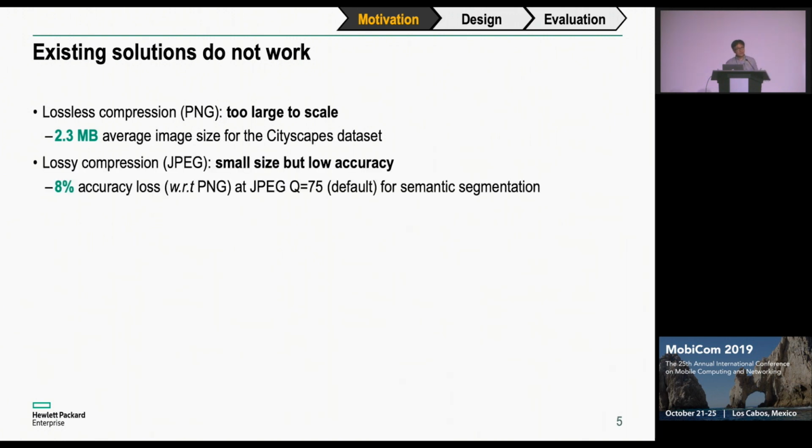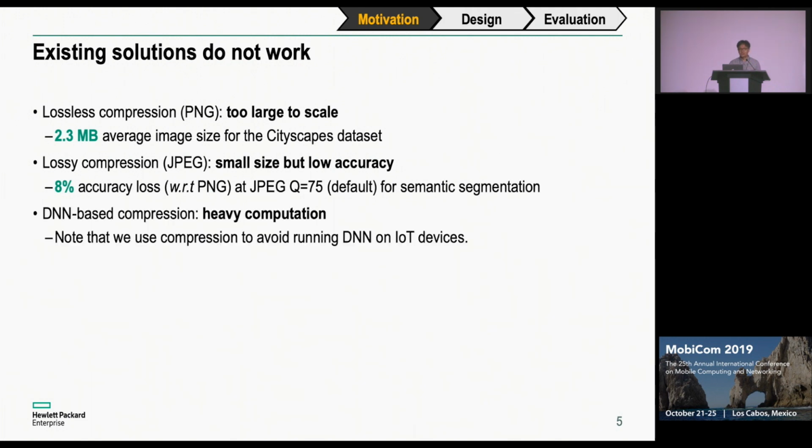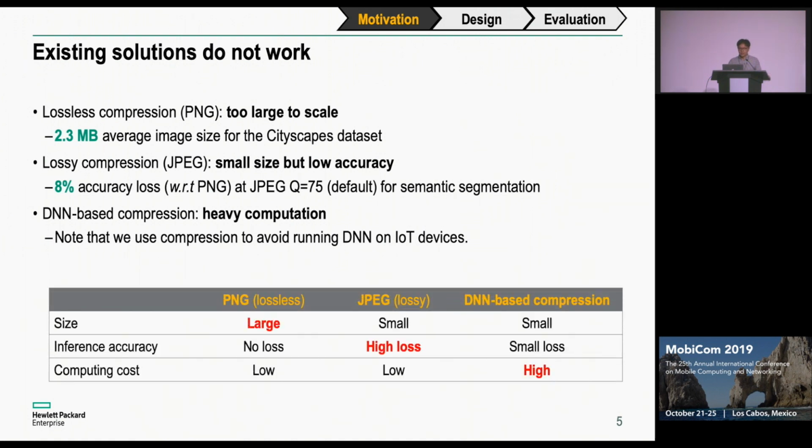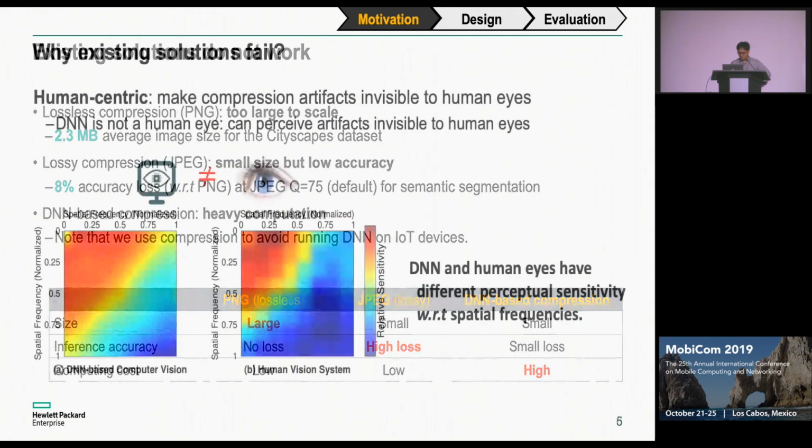Lossy compression like JPEG can help reduce file size to a few hundred kilobytes, but at the cost of more than 8% of accuracy loss. Recently, there's a proposal of using DNN to compress the data at source devices, but again, it incurred a heavy computation on source devices. These tables summarize these limitations of the compression technique today.